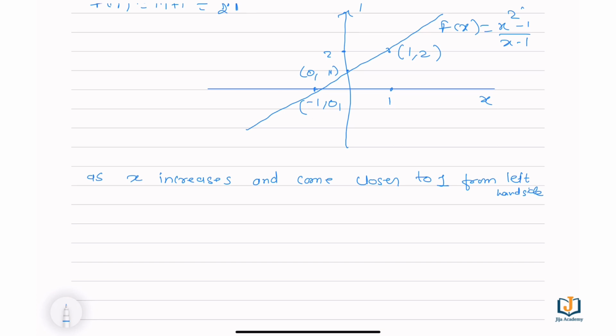So as x increases and comes closer to 1 from the left hand side, the value of f of x increases and comes close to 2. We write it like that: x increases and comes close to 1, then f of x is equal to 2.